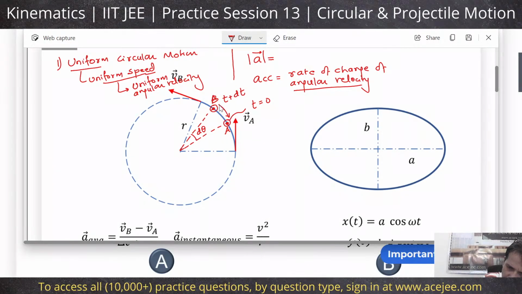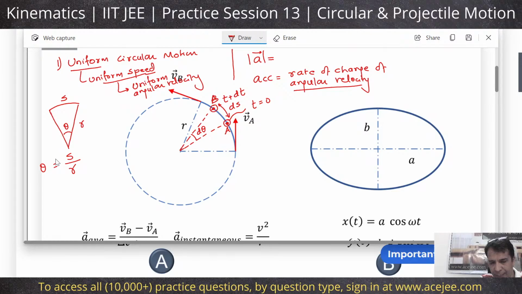Let's call the distance that it traced along the circular path ds. So let's write the relationship between ds, the linear variable, and d theta, the angular variable. For that, recall the definition of angle theta. How do we define angle theta? We say angle theta is defined as arc length divided by the radius r, or the radius of curvature r.